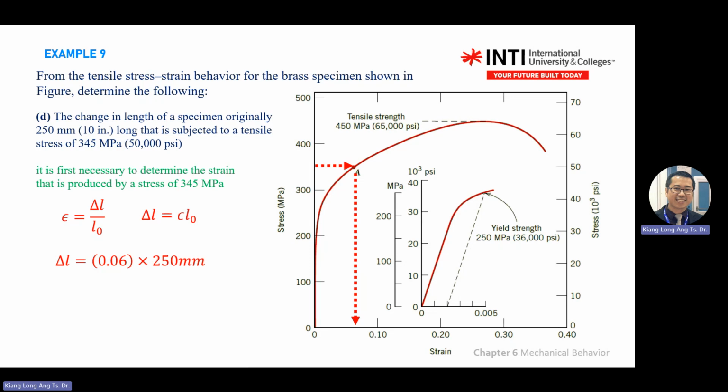So you put inside here 0.06. Original length is given, 250, and one unknown. So you solve the missing parameter. The final answer unit can be meter. If you put in mm also correct.